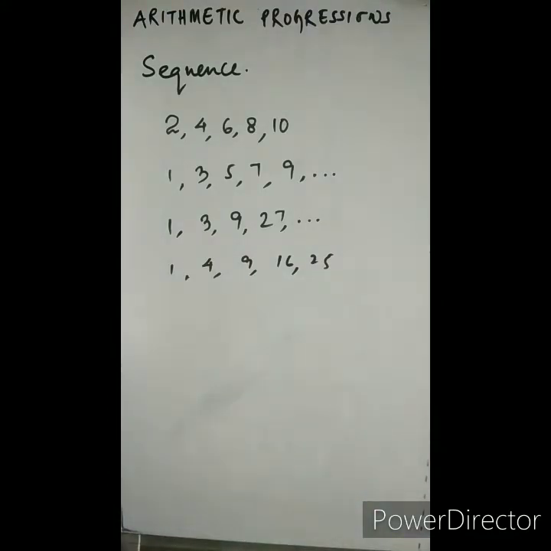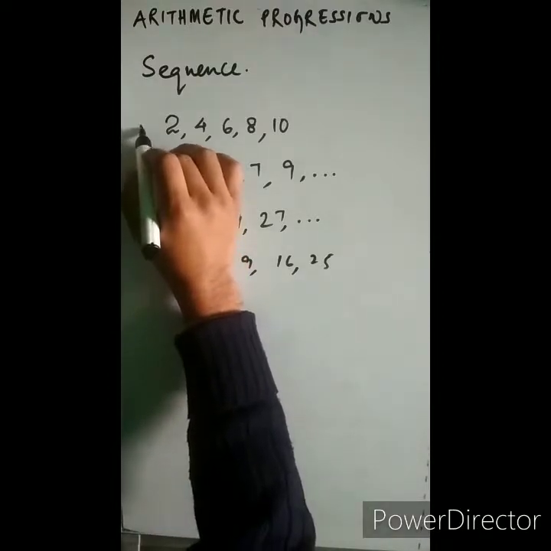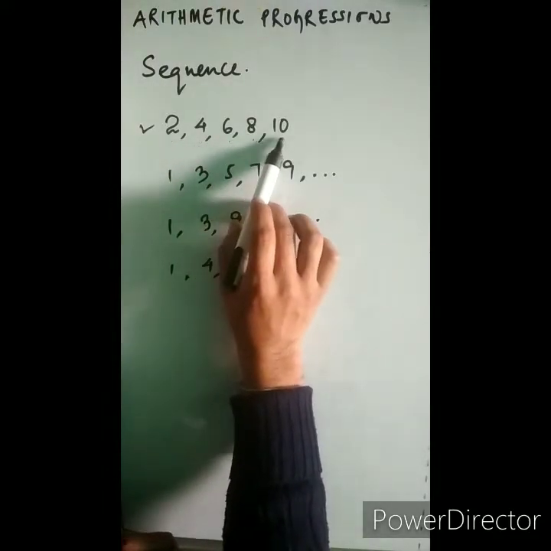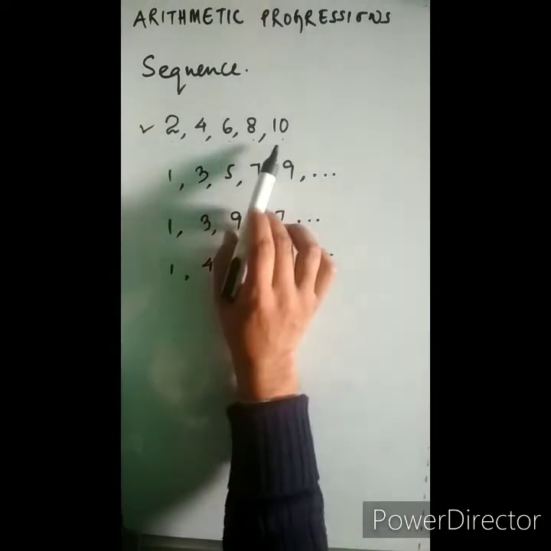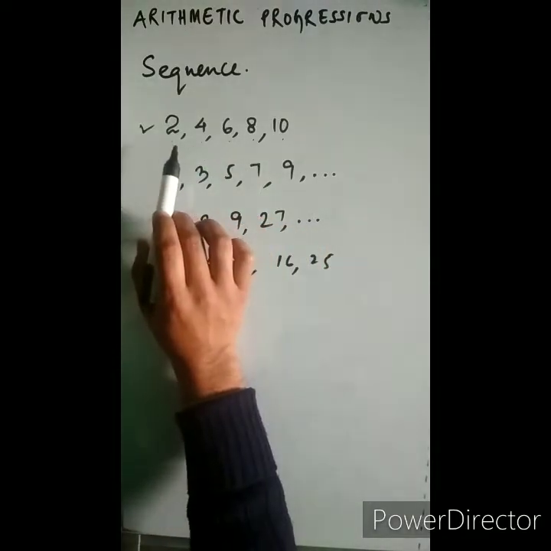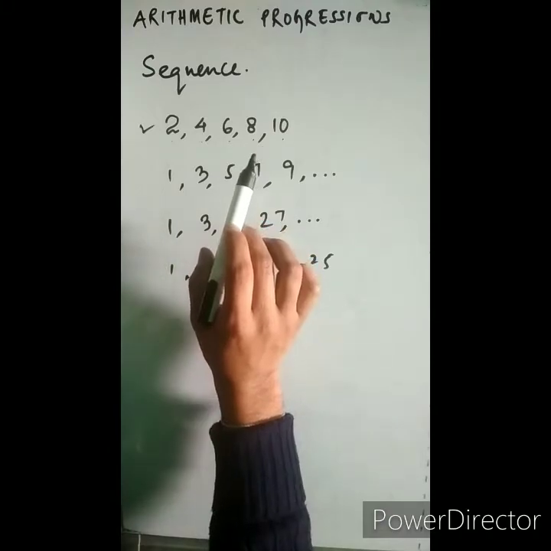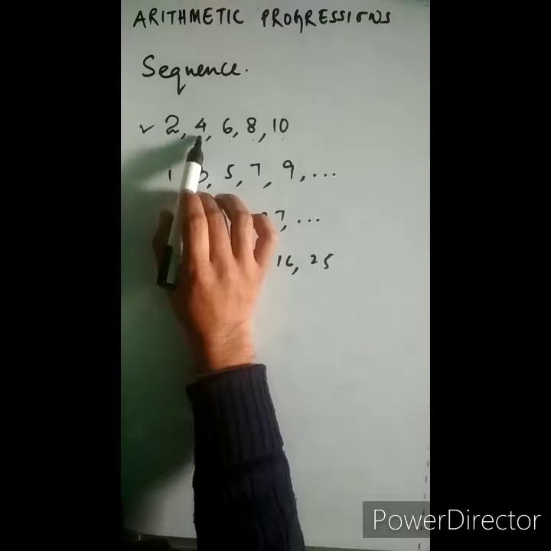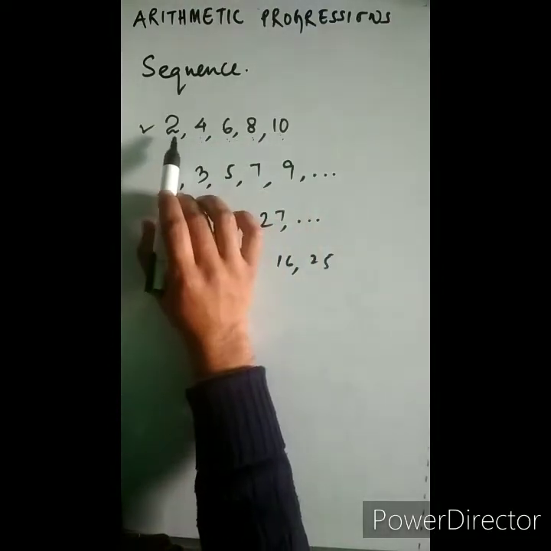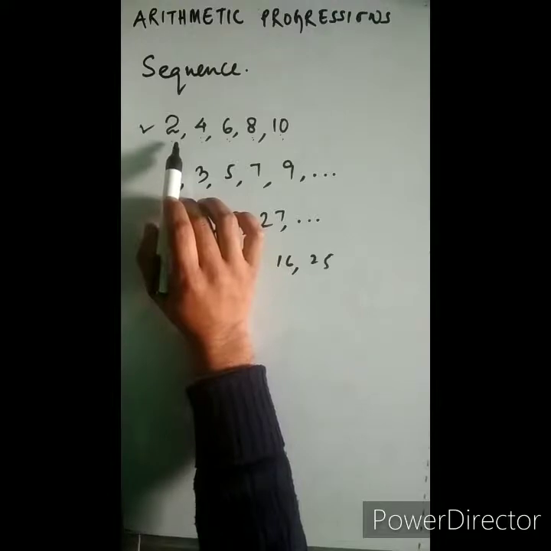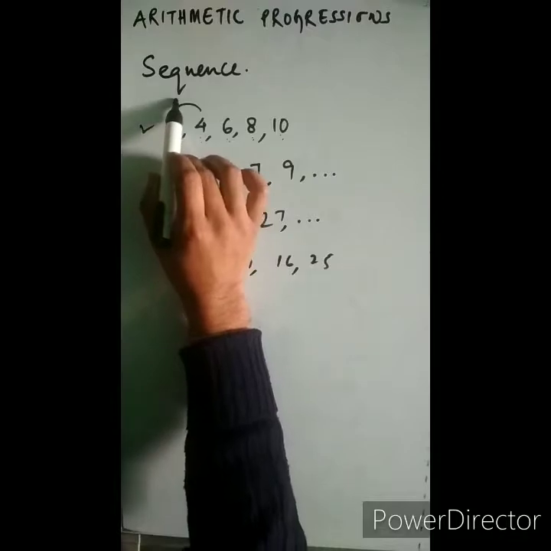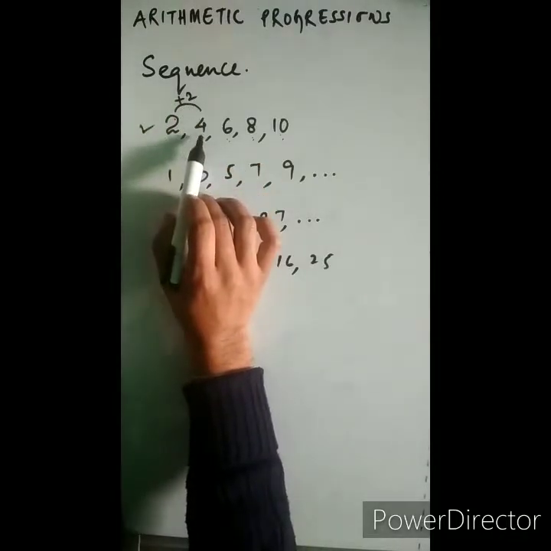So let us observe this list of numbers one by one. You please look at the first one now. 2, 4, 6, 8, 10. This is just an arrangement of numbers. But when I arrange the numbers, do I follow any kind of rule? If I add 2 to the first number, 2 plus 2, I'm getting here 4.